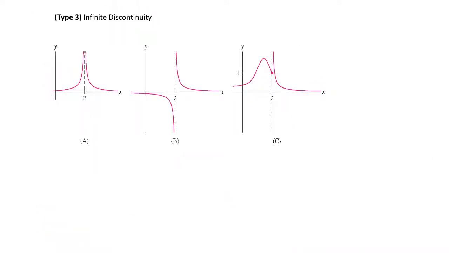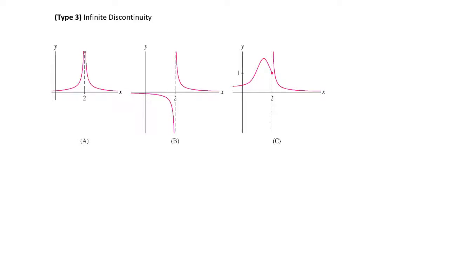The last type of discontinuity, as I said before, is an infinite discontinuity. For a function to have an infinite discontinuity at a value of x, that means that as x approaches a from the left or from the right, we have some sort of infinite behavior. Maybe both one-sided limits approach positive or negative infinity.